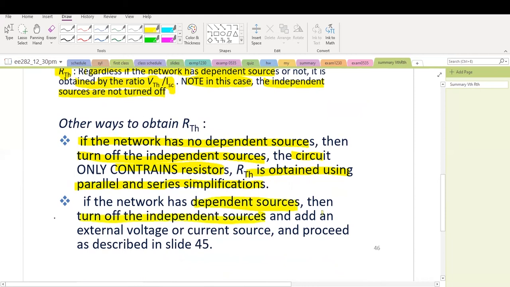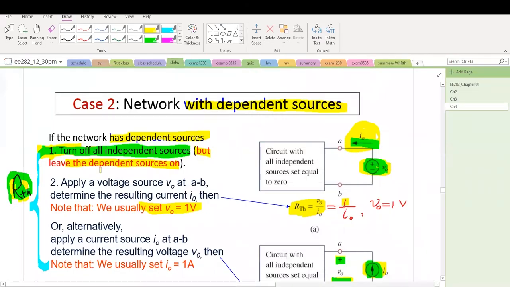That's the first step. And then we add an external voltage source or an external current source, and then we proceed as described in slide 45, which is this step. Either we add a voltage source or we add a current source, and then we take the ratio.